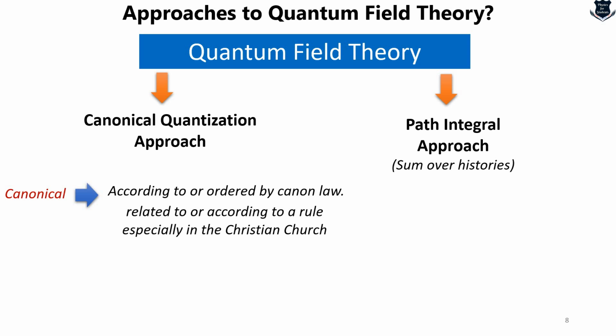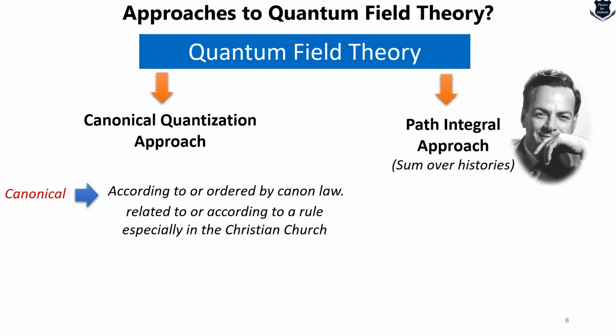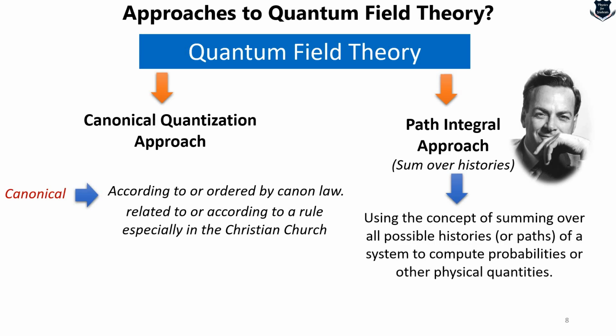So canonical means by order, a kind of strict order, and this strict order emerges from something well established, which is classical mechanics. And the path integral approach was developed by Richard P. Feynman. This approach uses the sum over all histories or all paths of a system in order to compute the probabilities.